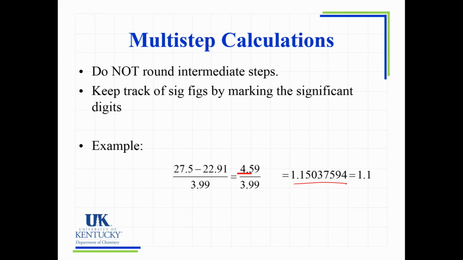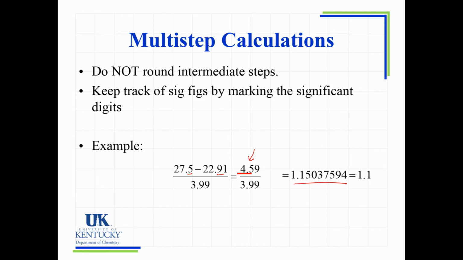Now what have I underlined in red here, on the left-hand side? This is how many places I should be able to keep from this subtraction. Because this has 1 place to the right and this has 2 places to the right, I can really only know that to 1 place to the right.